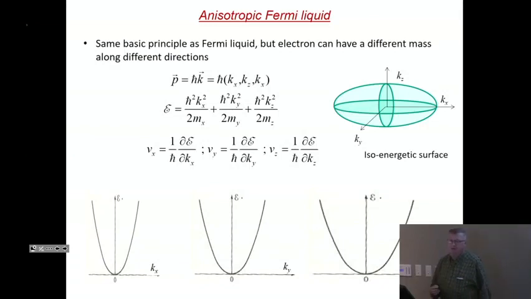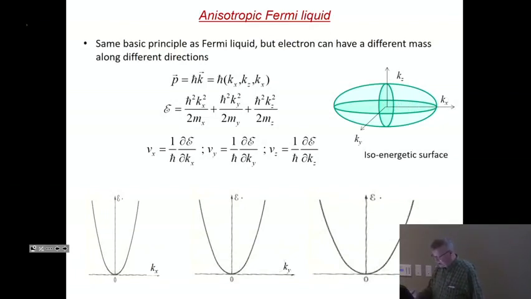Now, typically, most solids that we treat have anisotropy of some kind. And so the simplest model that represents most classic semiconductors, silicon, germanium, indium antimonide, lead telluride, gallium arsenide, I'm going to use this ellipsoidal Fermi surface for our solids. So that means that if you have kx, ky, and kz in your system, you can have different dispersions along x, y, or z.